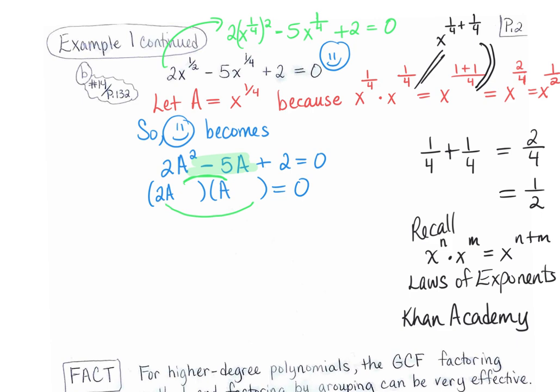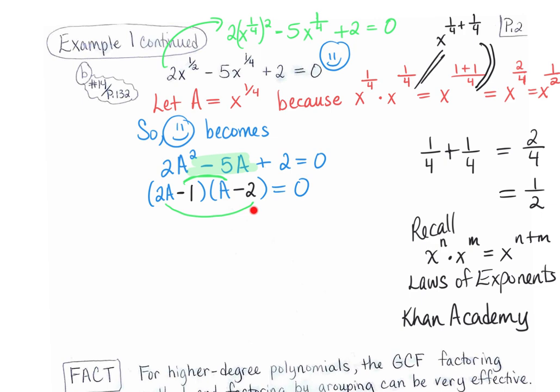So negative 1 should go here. So we should have 2A minus 1. So we should have A minus 2. Yes? Very good, both of you. Because see here, when you multiply 2A times negative 2, what is that? Say it loud, everybody.